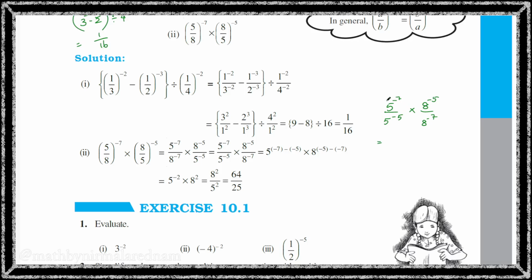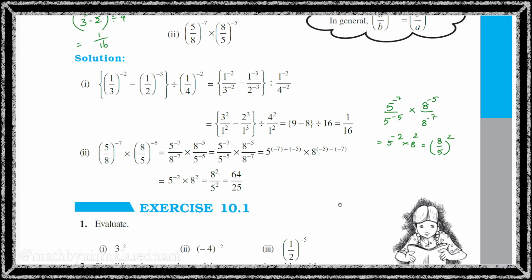So if I simplify this, 7 minus of minus 5 is going to be minus 2, and minus 5 minus of minus 7 is going to be plus 2, right? So this is nothing but 8 by 5 whole square, which is 64 by 25.